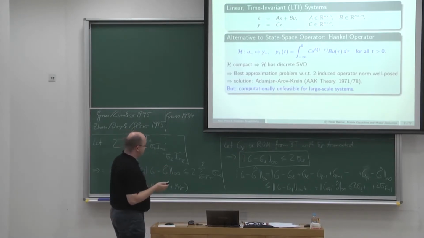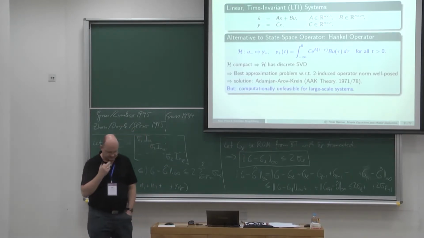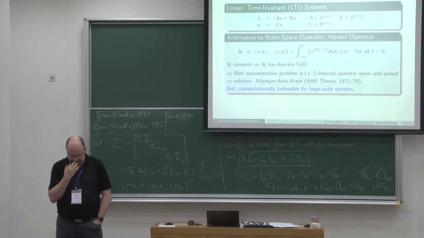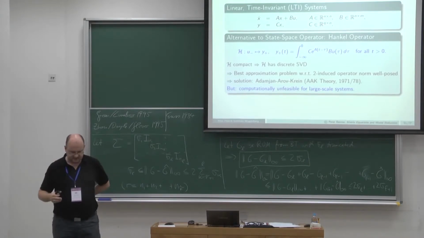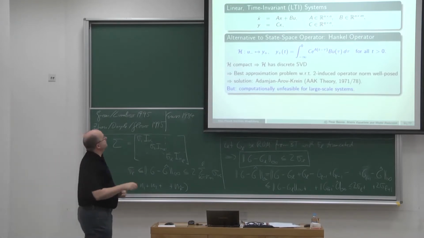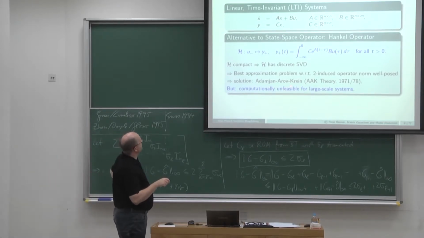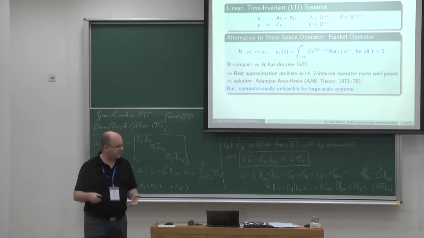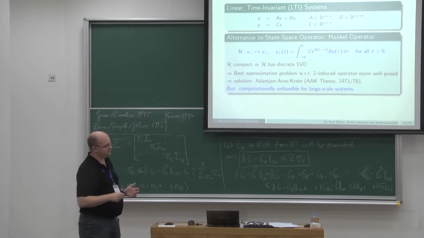As I already mentioned, the best approximation problem in the H infinity norm, that would be the approximation problem that we had considered in frequency domain, leads in state space to this Adamjan-Arov-Krein theory that I already mentioned.